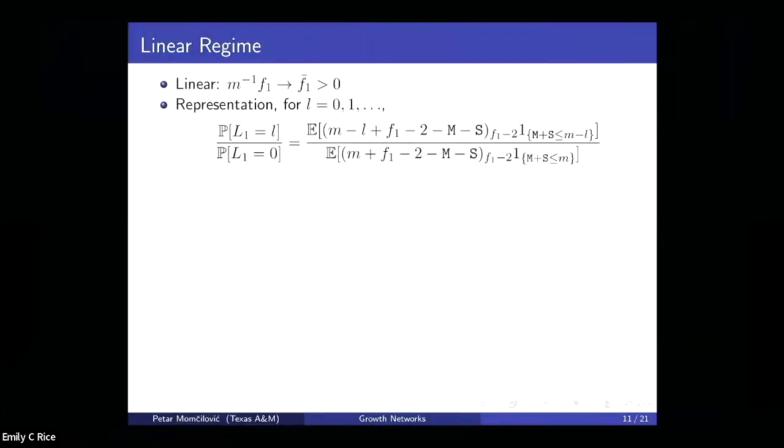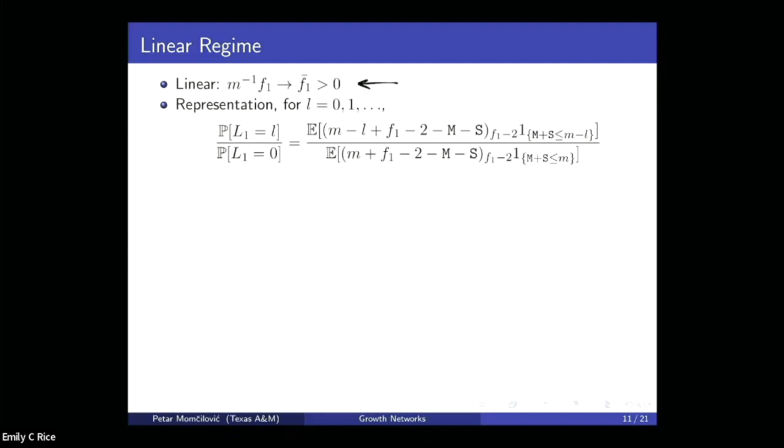Well, here is my first regime. My first regime is what I call linear, and this says the number of potential bottlenecks is linear in the number of customers. There is some F1 bar that's there, and then in the representation I look at the ratio to make this a little bit simpler.